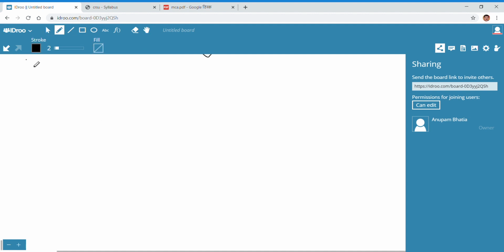Now we first start with what exactly the interconnection network is.